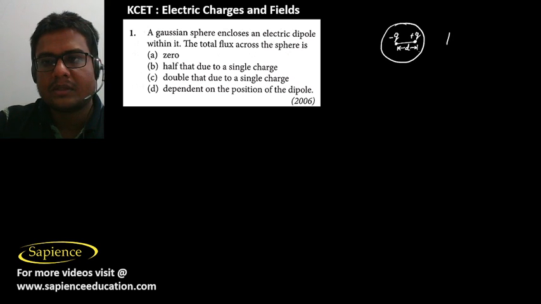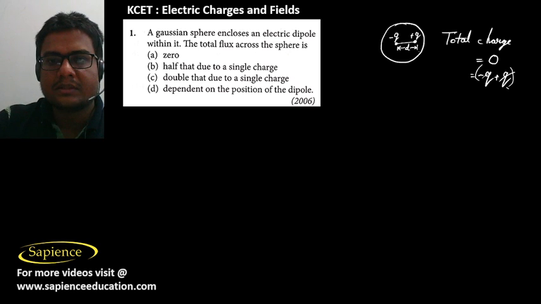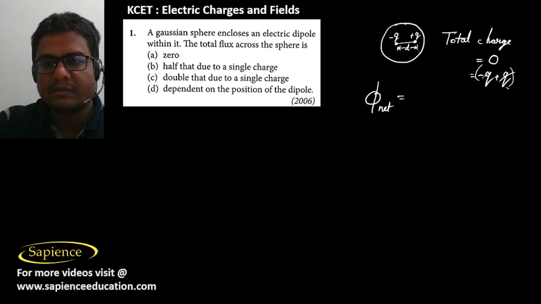So the total charge in an electric dipole is always 0, since it is minus q plus q. If we add them, we will get 0. Then we know that the net flux across this sphere is given as q enclosed by epsilon naught, which is according to the Gauss law.